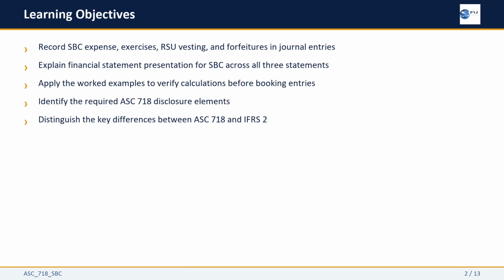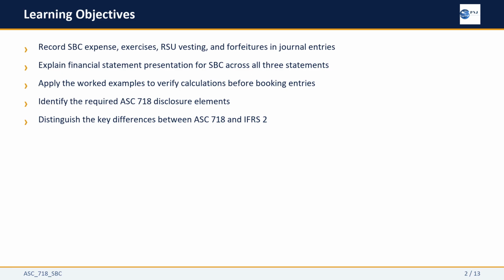By the end of this section, you will be able to prepare the journal entries for equity-classified SBC expense recognition, option exercises, RSU vesting, share withholding for tax, forfeiture reversals, liability-classified awards, and deferred tax assets. You will understand how SBC is presented on the income statement, balance sheet, and cash flow statement.